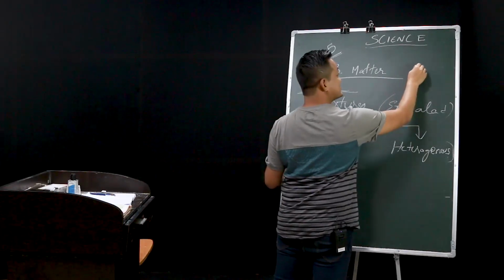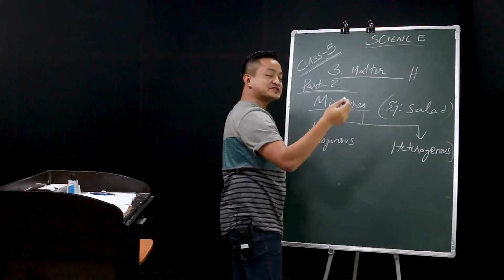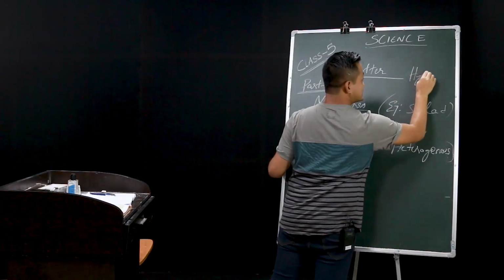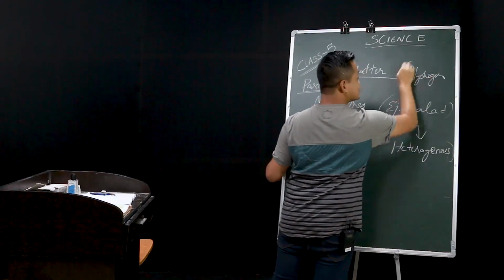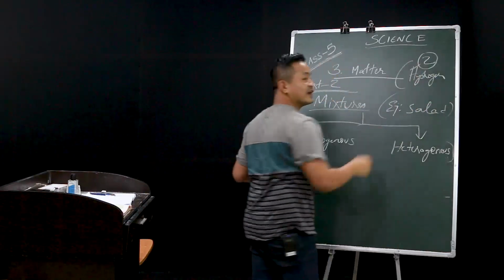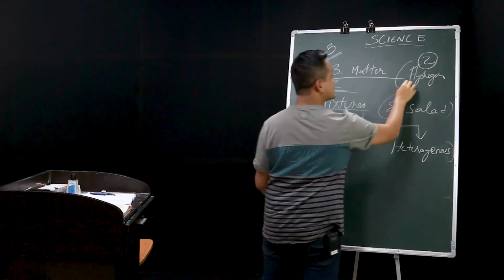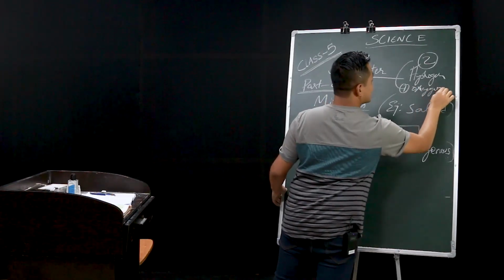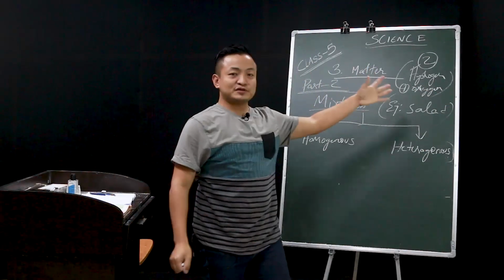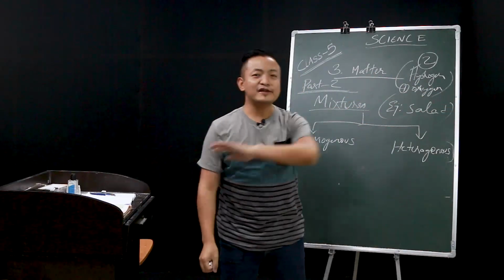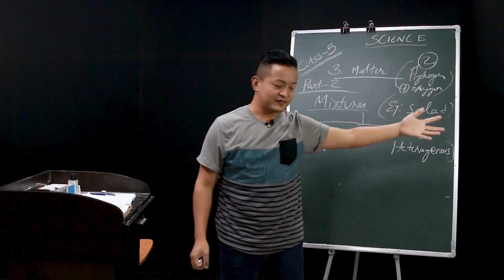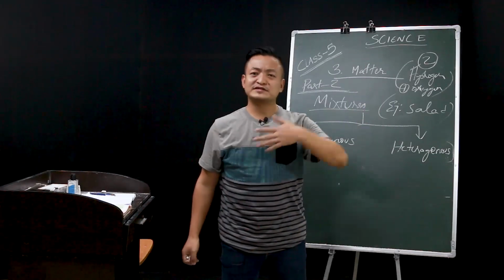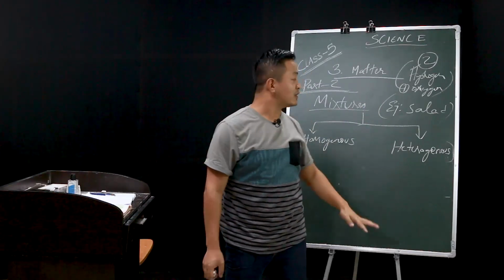Yesterday, as I explained, water is made up of hydrogen, 2 hydrogen, and 1 oxygen atom. So water is a pure compound because anywhere, whether in Kohima, Dimapur or Mokokchung, it's the same.